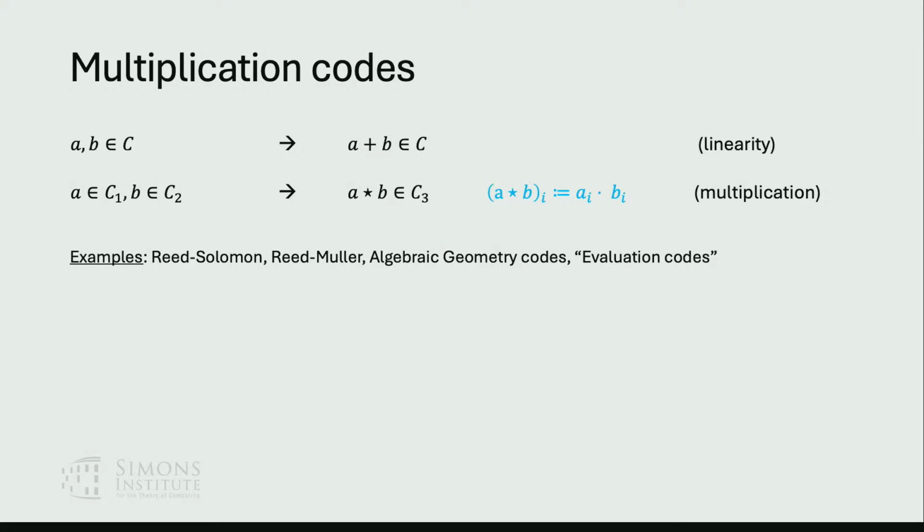Reed-Solomon codes are good examples, because if you have a degree D1 polynomial and a degree D2 polynomial, the pointwise product is degree D1 plus D2. So you don't stay inside the code, but you go into some slightly larger code. And of course, all these other evaluation codes that we learned about yesterday, Reed-Muller and algebraic geometry codes, have this property.